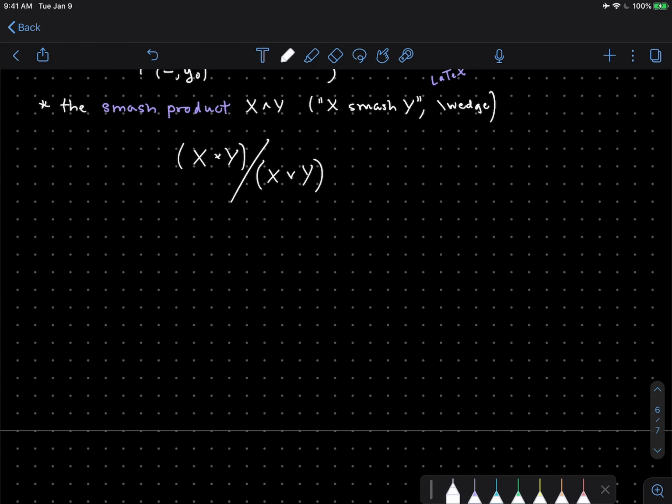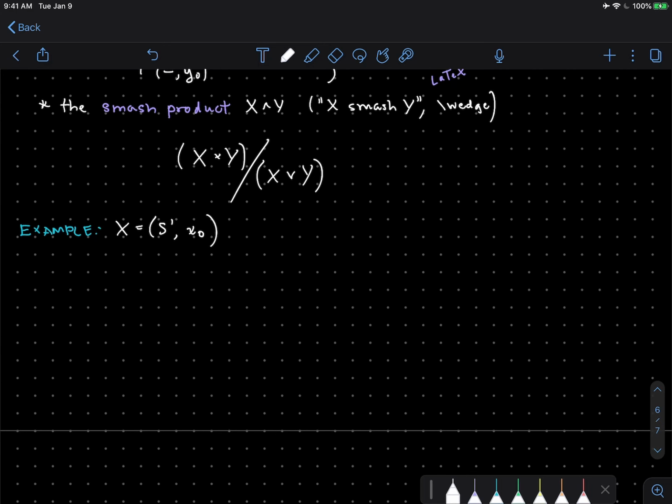So let's take a look at an example. Very simply, let X be the circle S1 with any chosen base point.